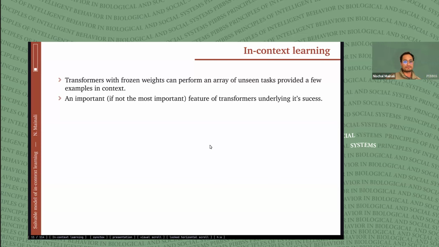And various people, including big companies like Anthropic and other places, have emphasized that this is perhaps the core reason underlying the various successes and abilities of these language models.